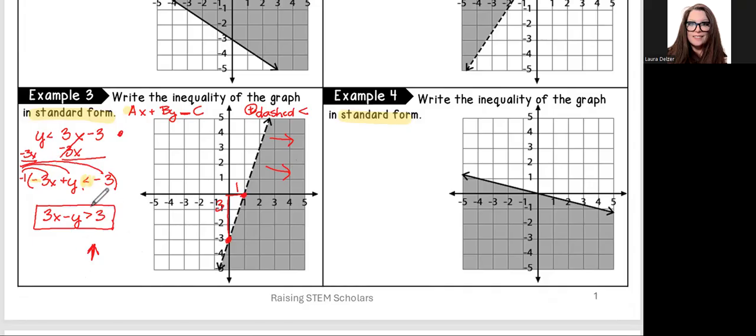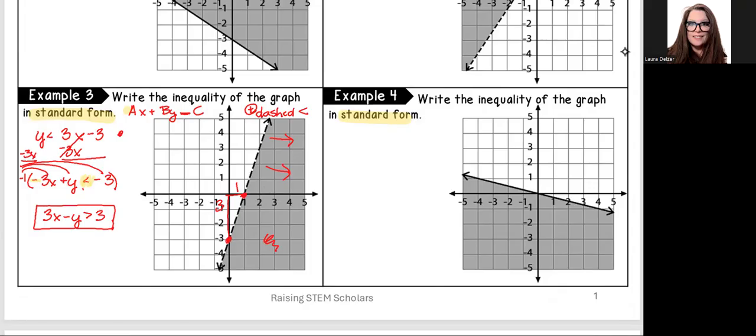So you can't necessarily look at your standard form and say, oh, I know which graph goes with it because this one has a greater than and there's a dash, but oh wait, it shades down here, so it can't belong to it. That's not true. It's because there's some algebra going on. This can be the answer, and this is the standard equation for that. I hope that made sense. I was talking about if you were doing multiple choice, trying to match a standard form to a graph, you have to make sure you do the math because sometimes those inequality signs can flip.